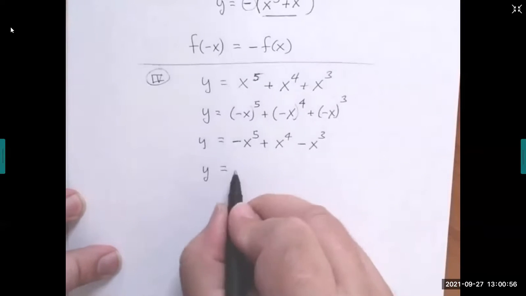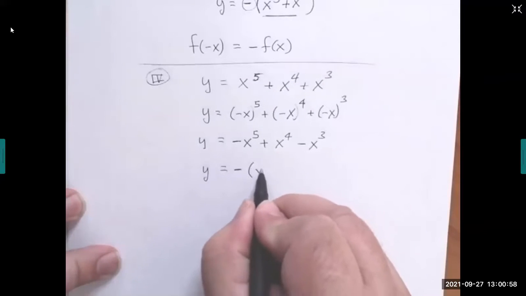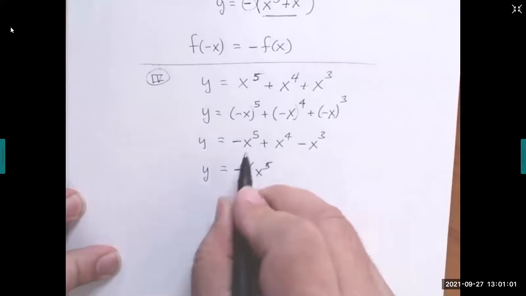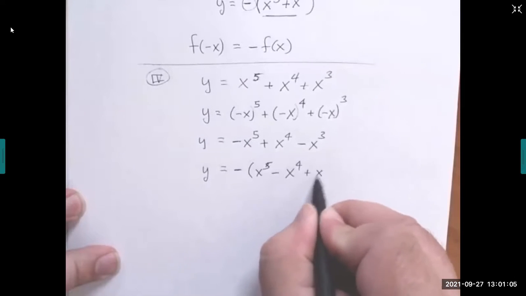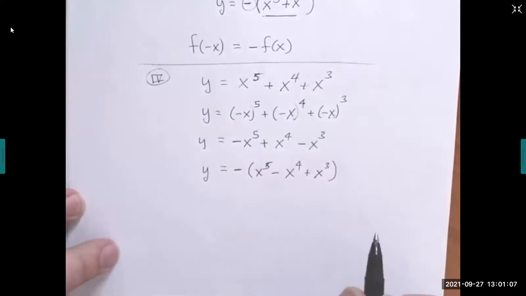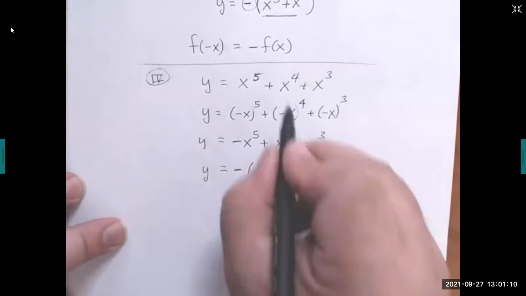If we take out the negative, we get a positive x to the fifth minus x to the fourth plus x cubed. Does this look like this?